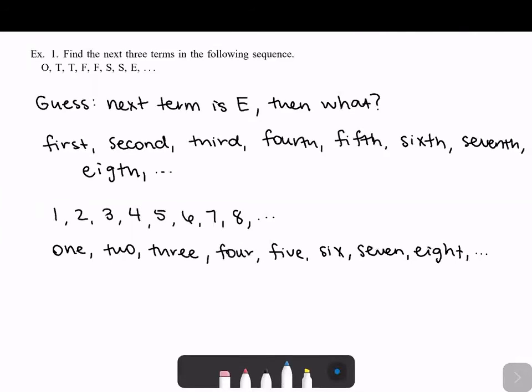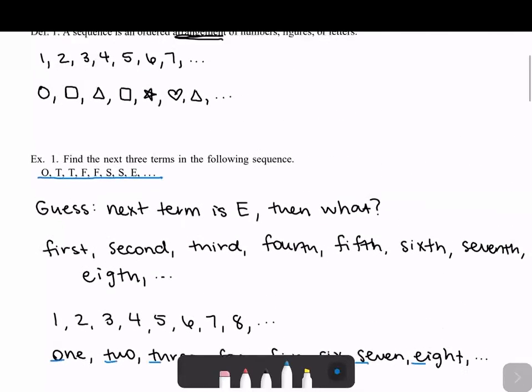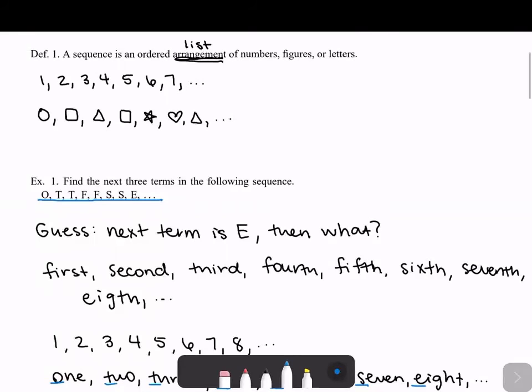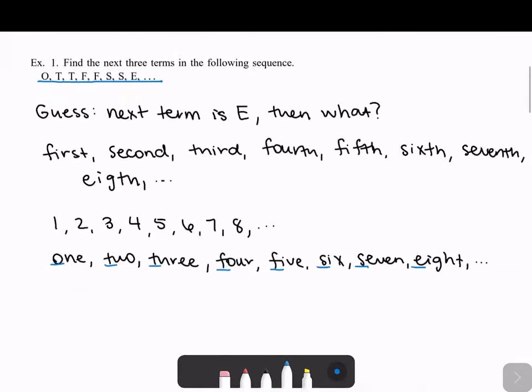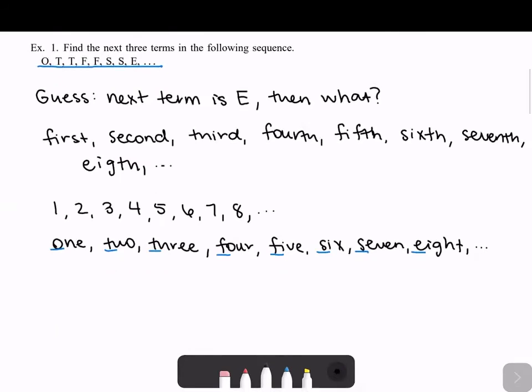At this point, we can see O, T, T, F, F, S, S, E. And look, those are exactly the terms in our sequence up here. Just by thinking about the definition of a sequence as having an order and a position corresponding to each thing in the list, we can figure out the next three terms.